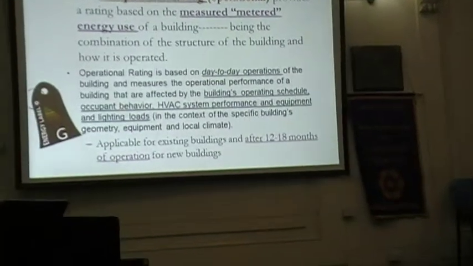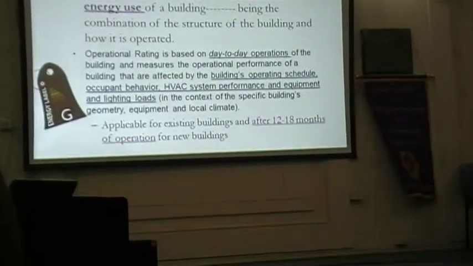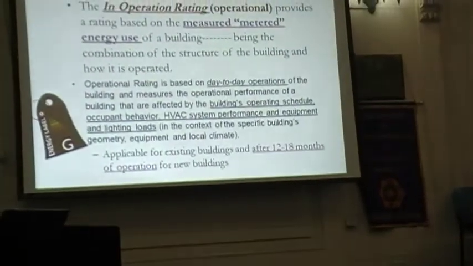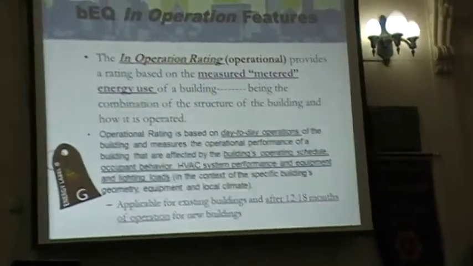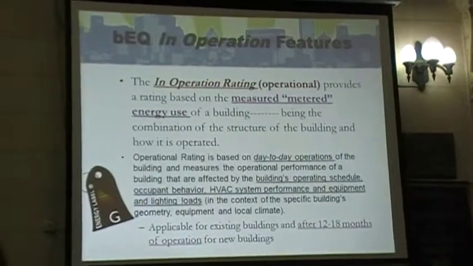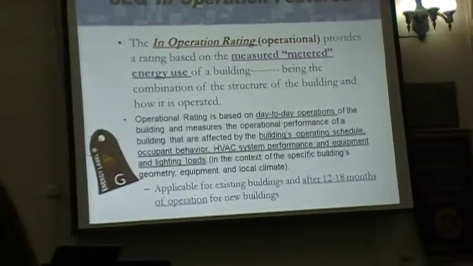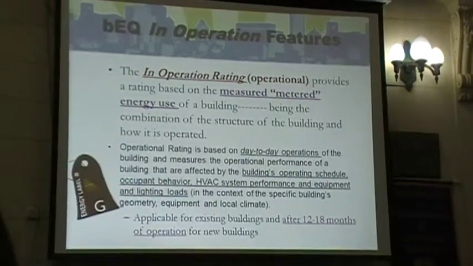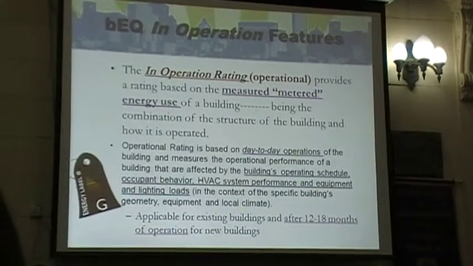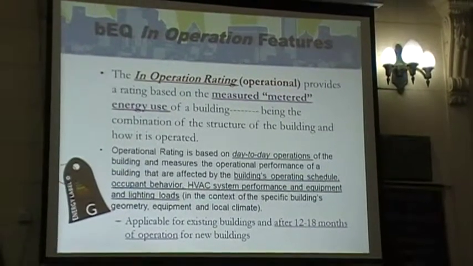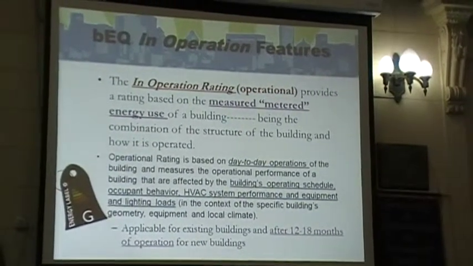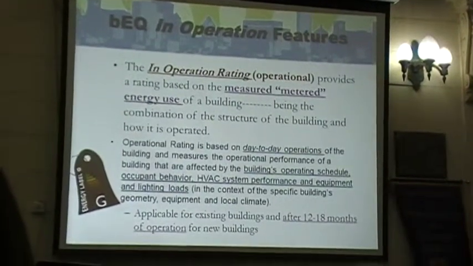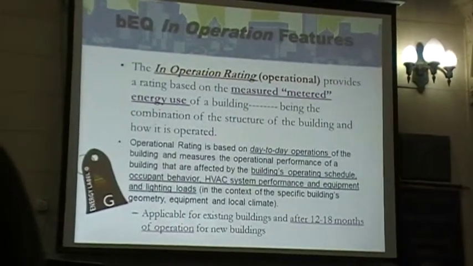So it's all about how it was designed, but it's all about how it is actually operated too. It's the second part of the complete solution, because the designer and the owner wanted it designed to perform one way, and the in-operation rating will now tell you if it's actually operating that way. Because this is where that comes out.